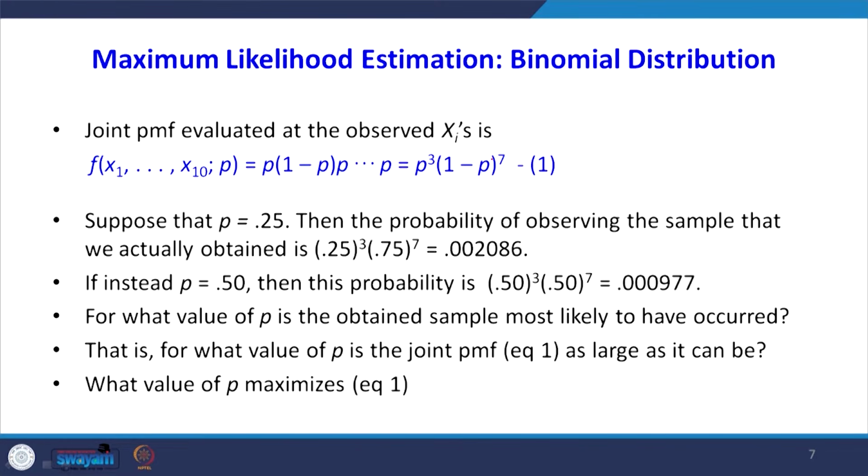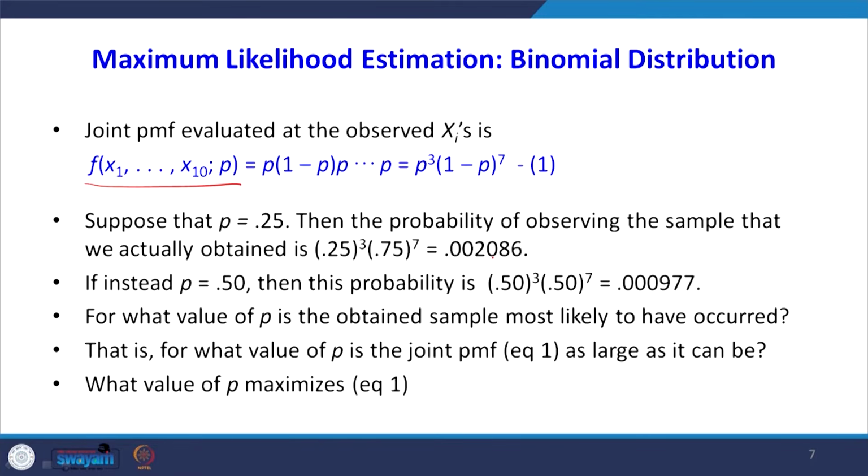The left hand side value is called the likelihood value. I will define it later. Suppose with p equal to 0.25, the probability of observing the sample that we actually obtained is 0.002086.